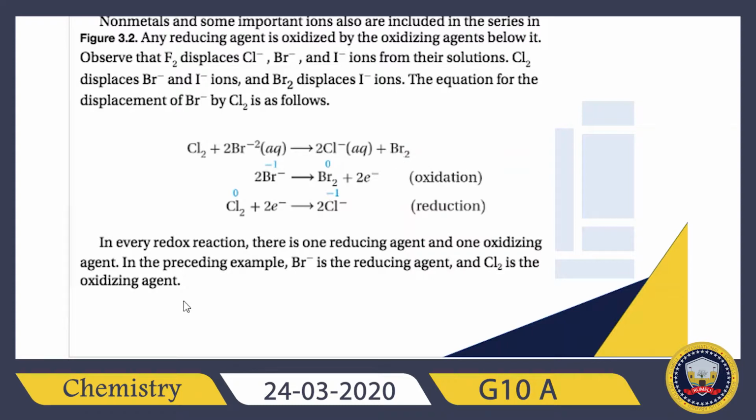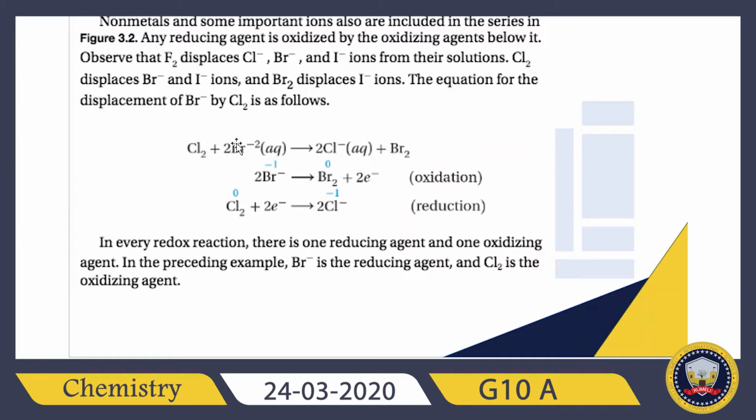In every redox reaction, there is one reducing agent and one oxidizing agent. In the preceding example, Br minus is the reducing agent. What happened to the Br? It lost electrons.